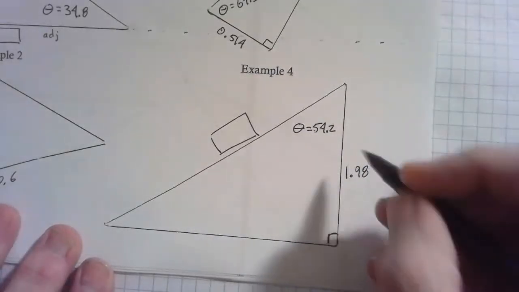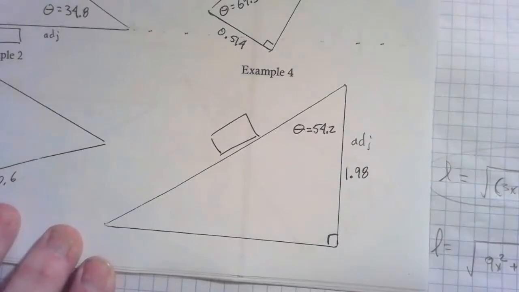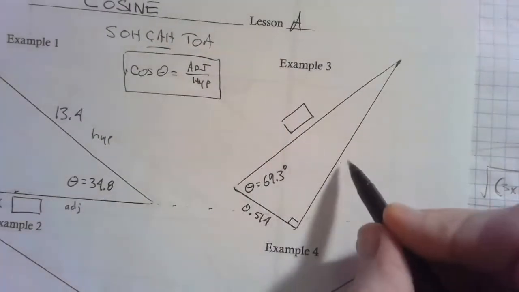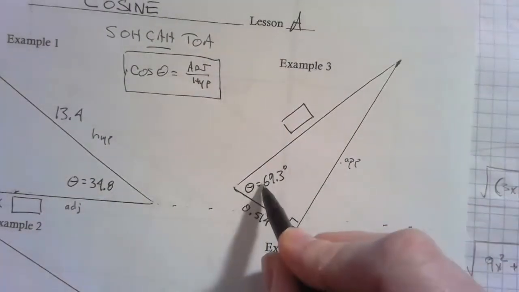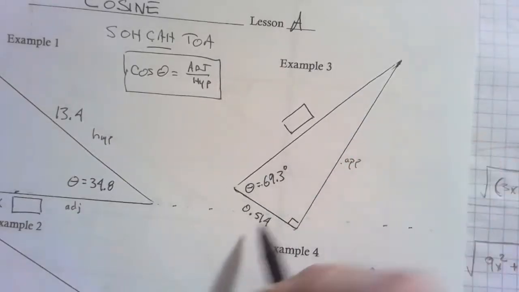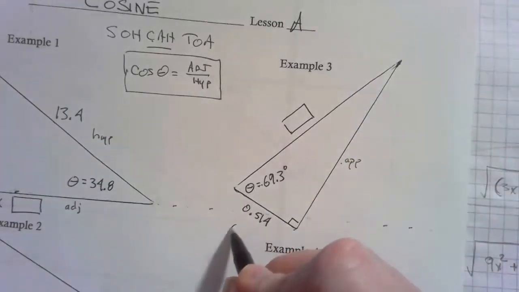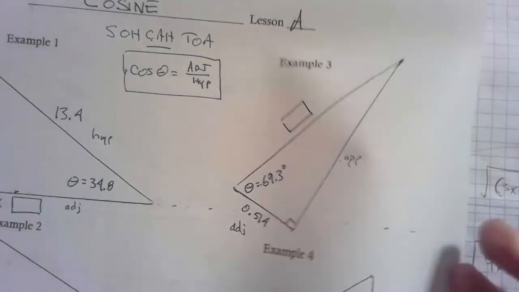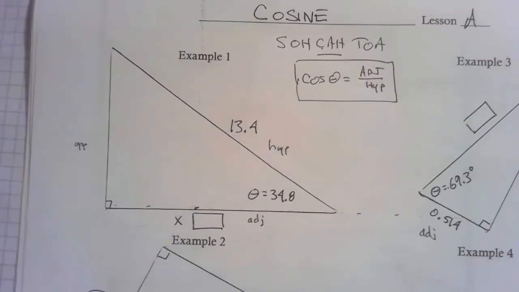That must mean this is the adjacent side, the one they gave me. And likewise, for this angle, this is the opposite. This is the hypotenuse, because it's opposite the 90-degree angle. And this little side here must be the adjacent. Okay? So identifying those is part of the battle.